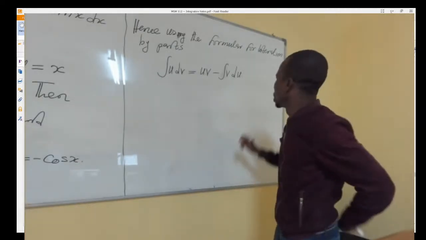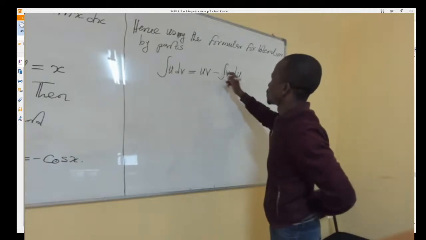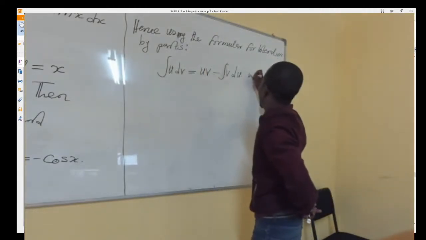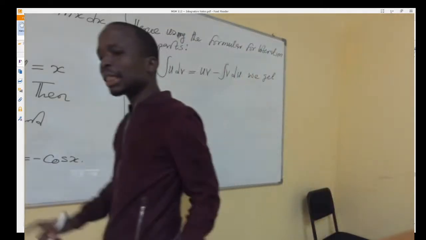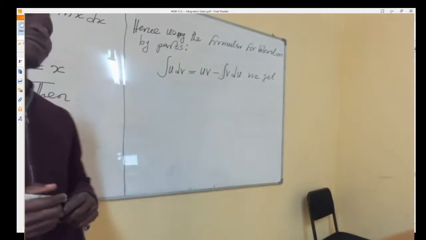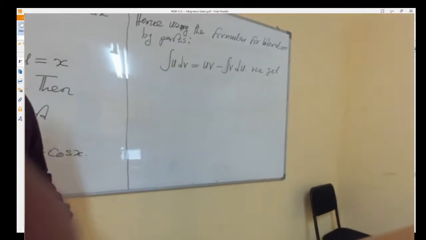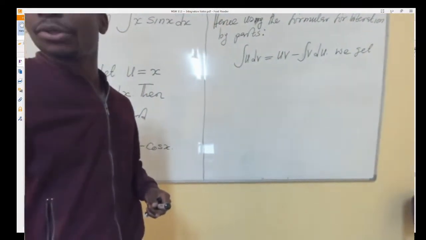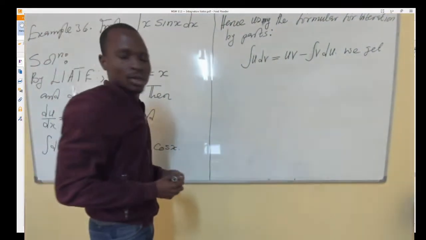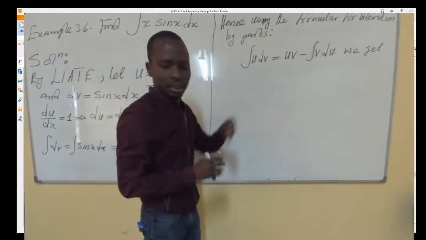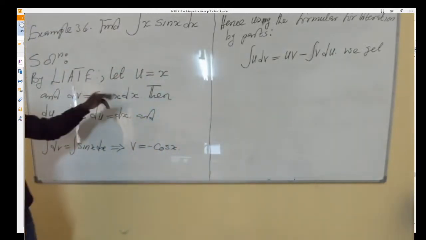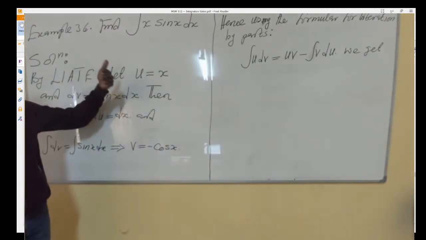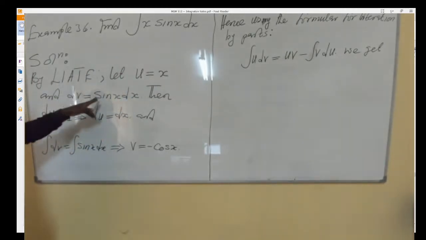Now please make sure that you follow what I'm doing on the board. If you look at this formula, the first thing you did was substitute u for x and dv for sine x dx.